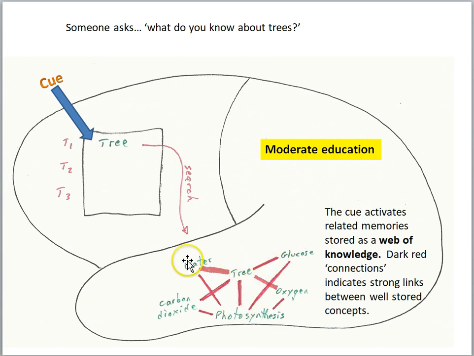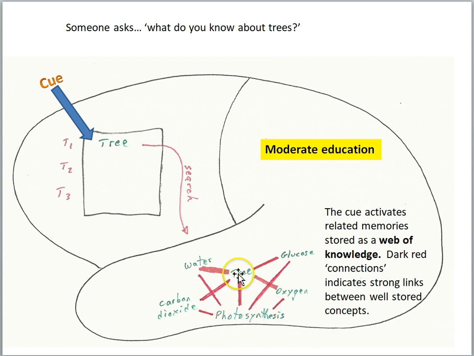The dark red connections mean that these concepts are stored and interlinked. They are integrated into a network of knowledge, a web of knowledge. So if we say, hey, what do you know about trees? This person can reactivate the long-term memory associated with the concept photosynthesis.